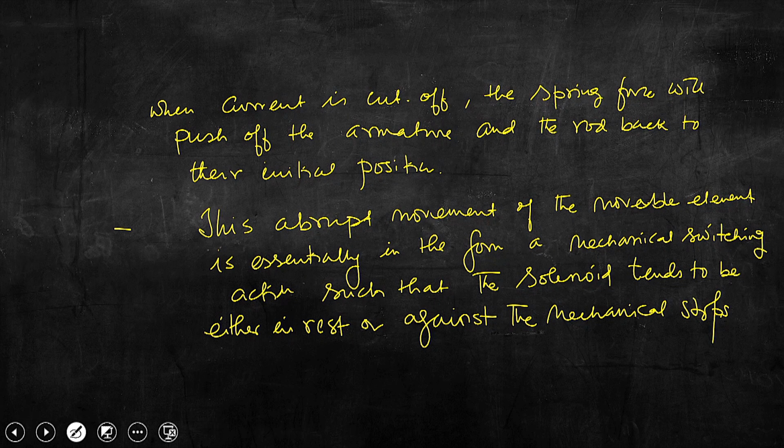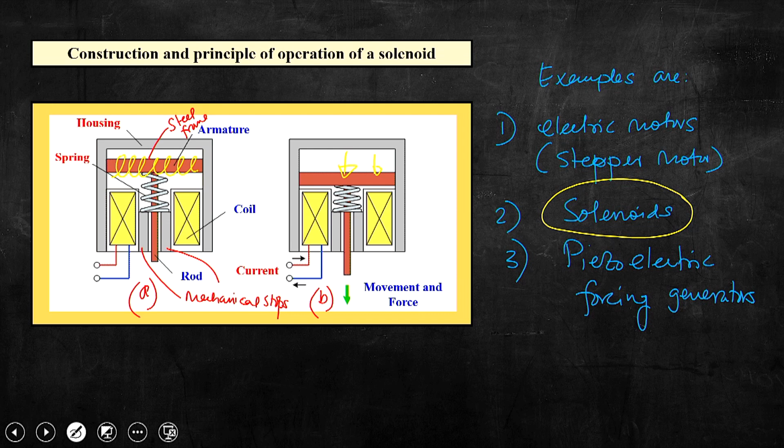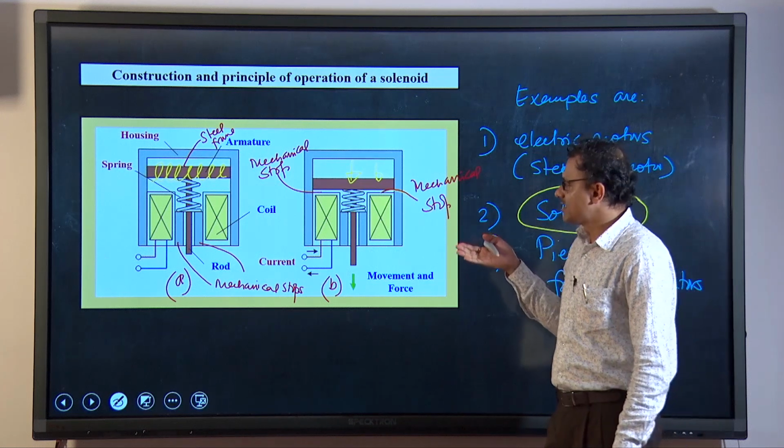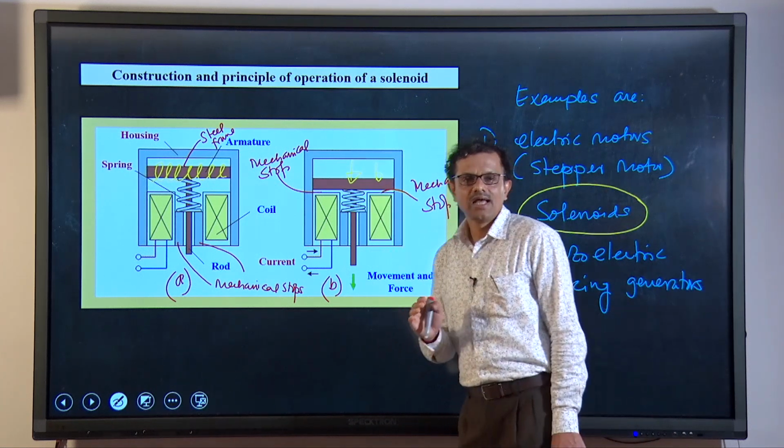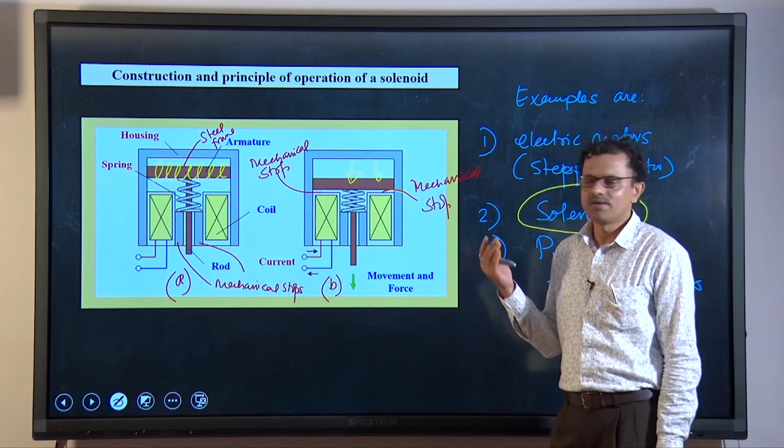If we go back to the previous slide, these are again mechanical stops. When the armature is coming down, it will stop over here, and if we switch off the current, then again it will come back to its original position.